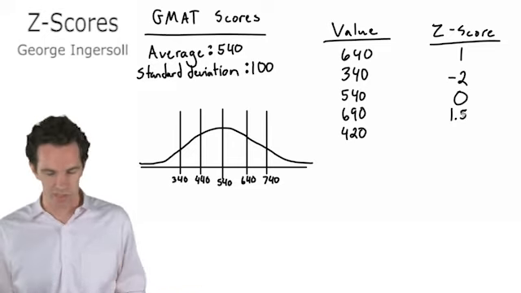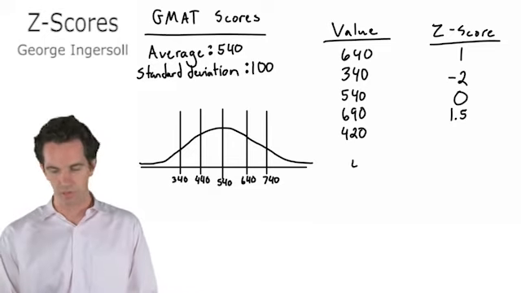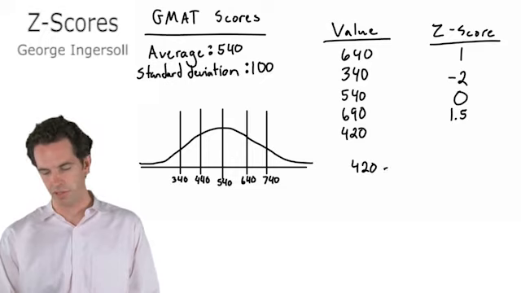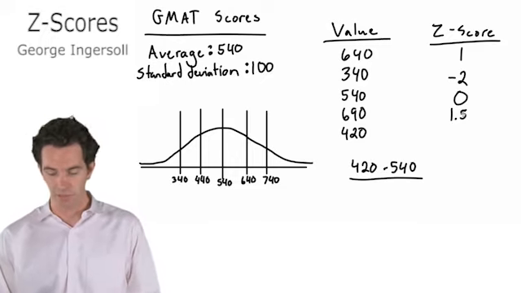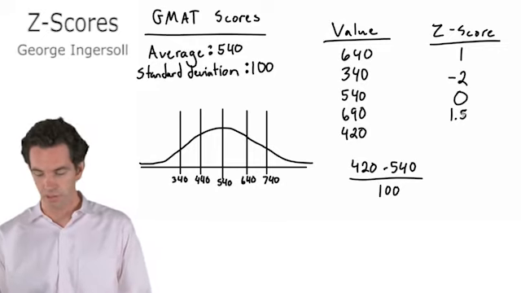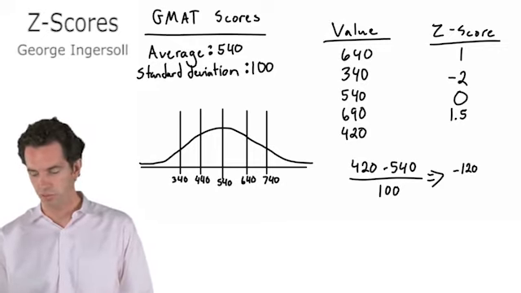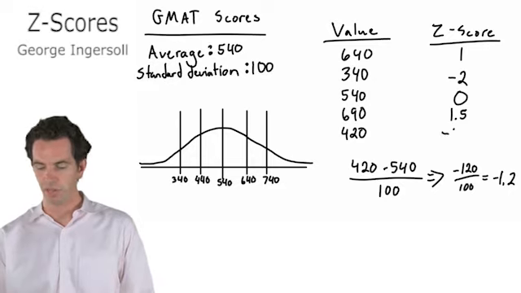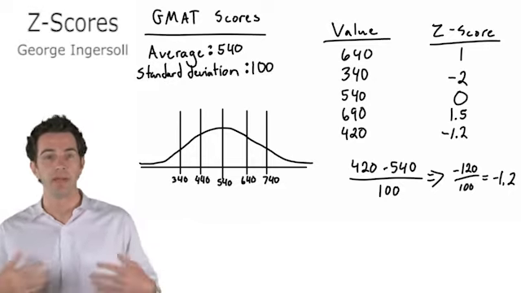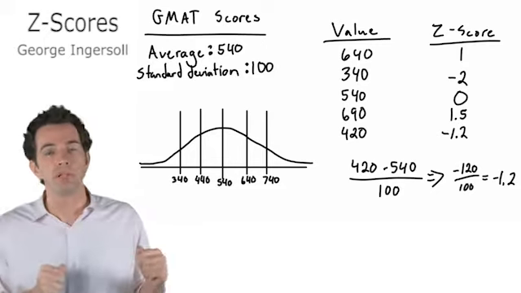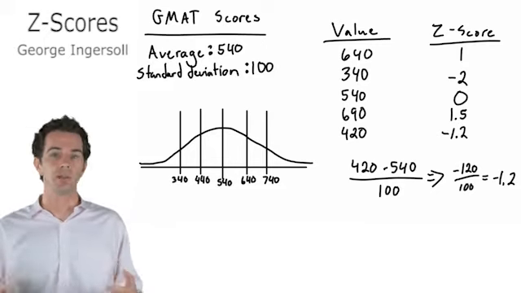So we can say 420 minus 540, divided by 100. That's going to be -120 over 100, which equals -1.2. That's the z-score for 420. That means we are 1.2 standard deviations below the mean.